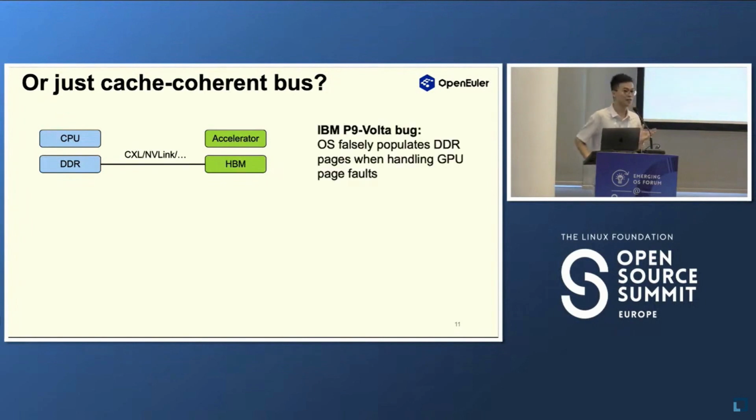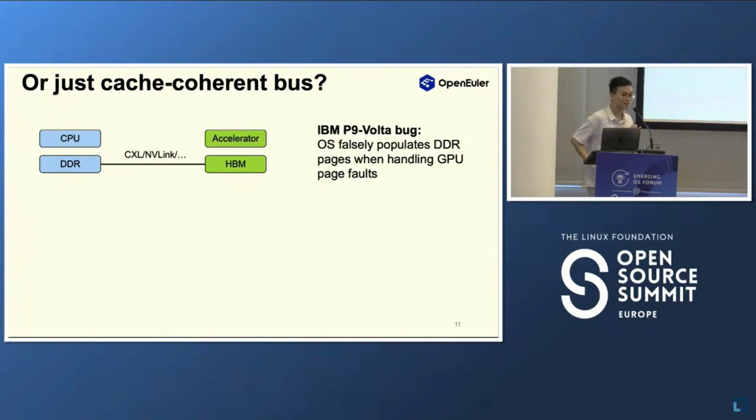But here is a terrible bug that I learned about when I worked at NVIDIA. It was reported by IBM, because NVIDIA sells their hardware to IBM. They collaborate with IBM and build this supercomputer that connects both the P9 CPU and the Volta GPU with NVLink.